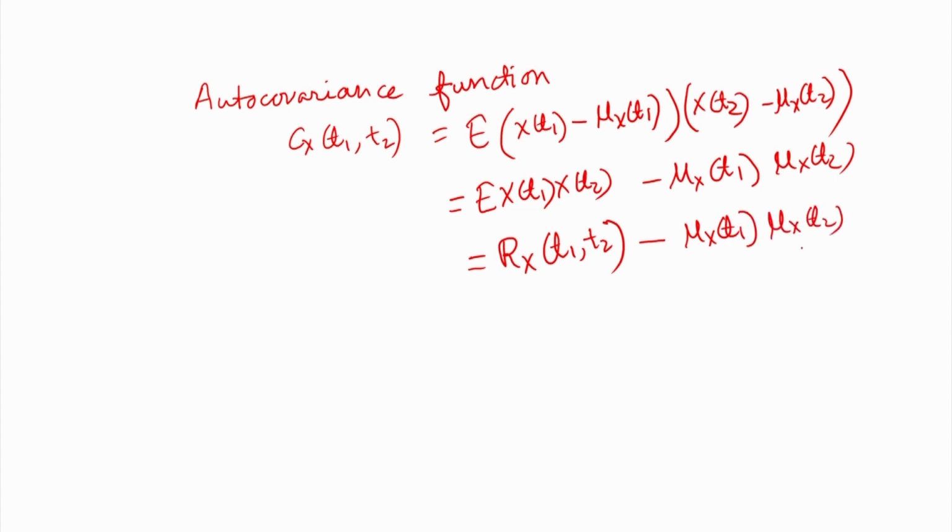So, that way we can define the autocovariance function. So, autocorrelation function, autocovariance function along with mean, they can describe the random process partially.